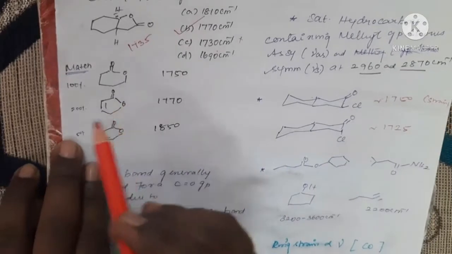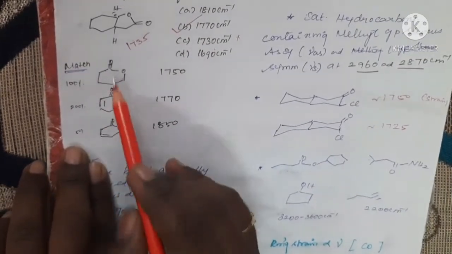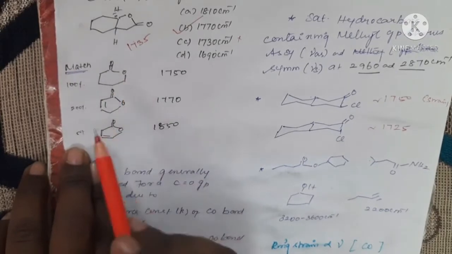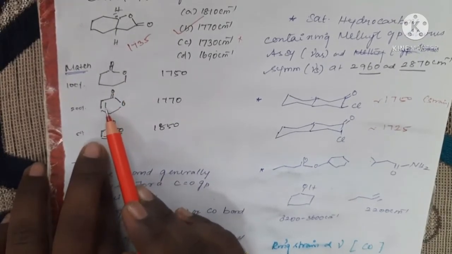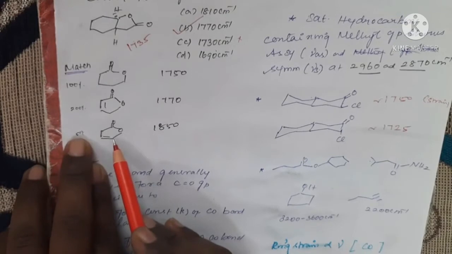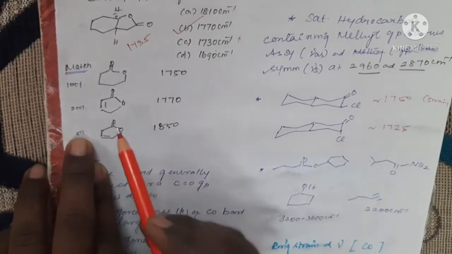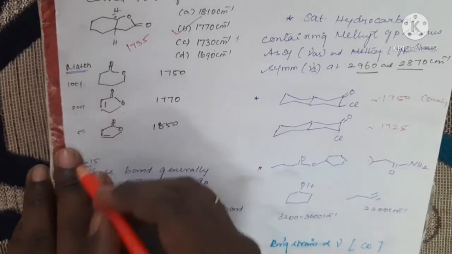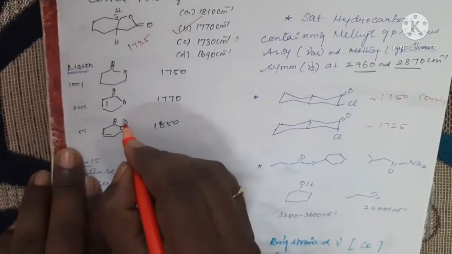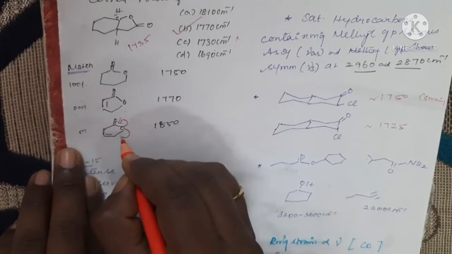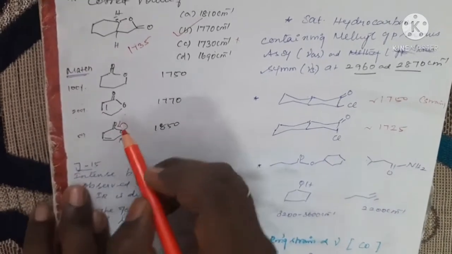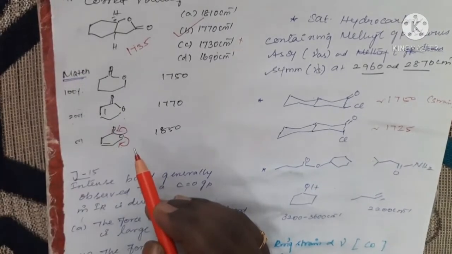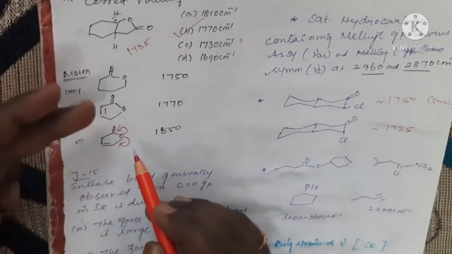The next one, you have to match the values with the given values on the opposite side. This is our ester, and this one is the ester along with conjugation, but both are 5-membered rings. Here the conjugation is higher, that is why I denoted it as 200%. Here the conjugation decreases because it has to share electrons here and here. As the conjugation decreases, the frequency increases compared to this one.